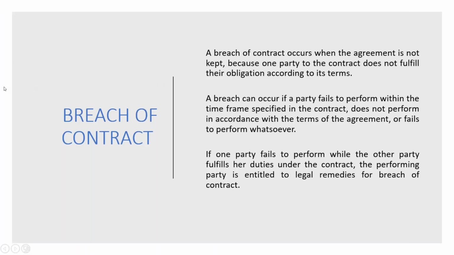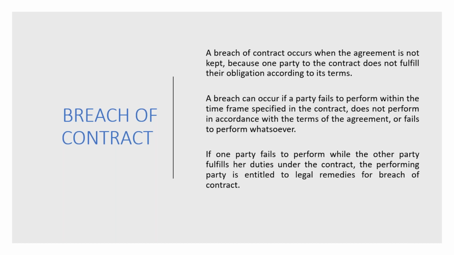Now we'll look at breach of contract. Breach of contract occurs when the agreement is not kept by either one of the parties. A breach can occur if a party fails to perform within the time frame specified by the contract, or does not perform in accordance with the terms of the agreement, or doesn't perform at all.